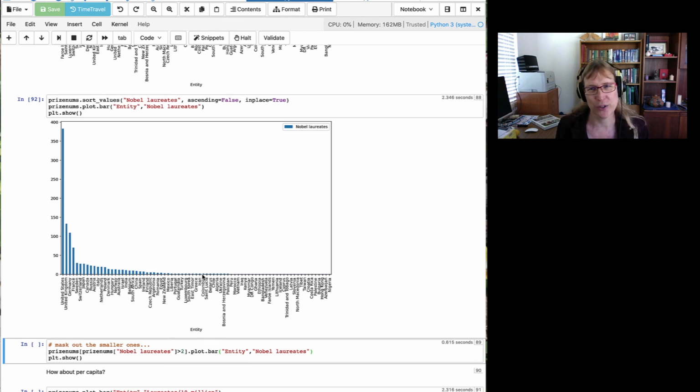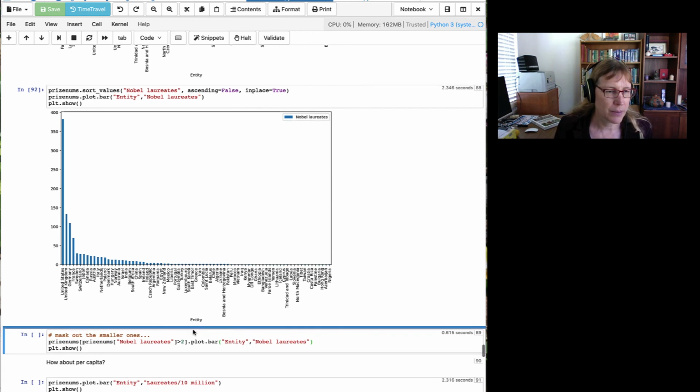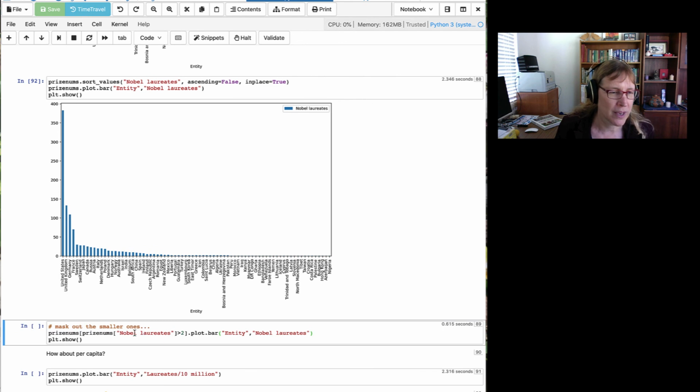So we can, of course, zoom in a sense by just taking part of that data. So we could take the left part and look at it in more detail. We could take the right part and look at it in more detail by masking out the higher ones. So just to demonstrate that, we'll look at just the ones with more than 2 Nobel laureates in more detail. Now it's important to look at what we're doing here, because I'm really doing about 3 things in one go.